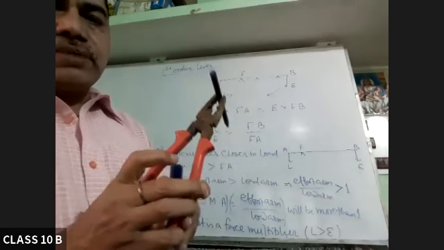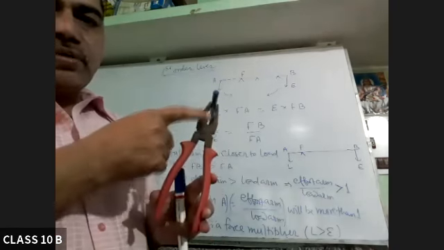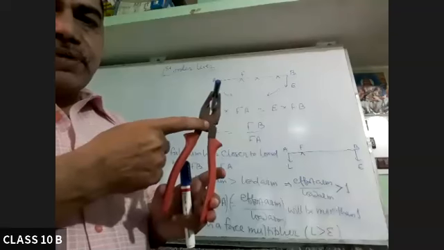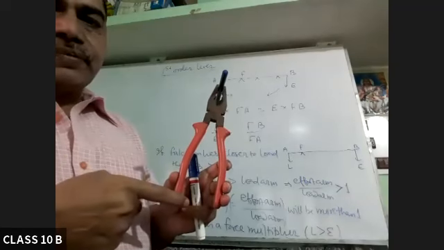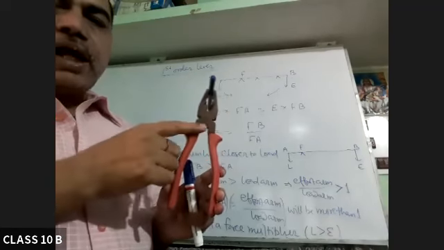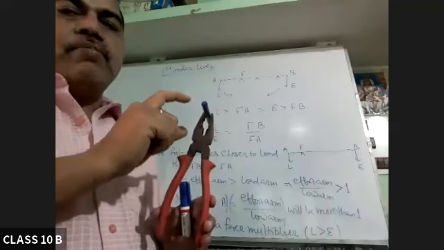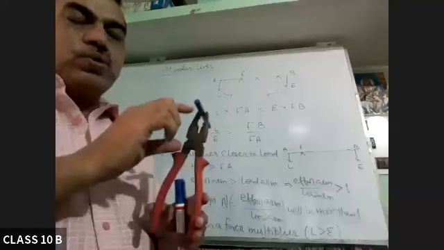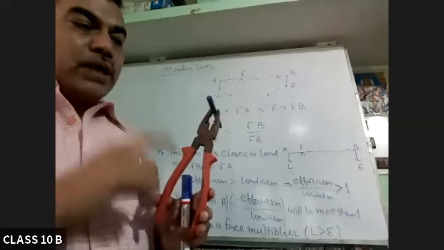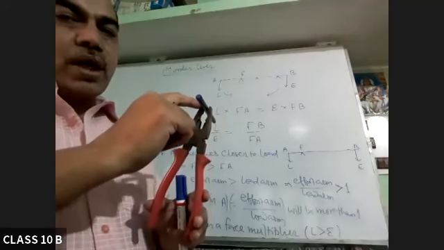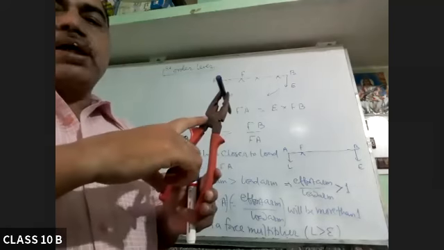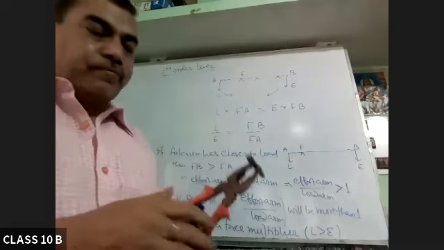Load arm is very small, from here to here, whereas effort arm is from here to here. So this plier, which is a lever of first order, is used to multiply force. For that purpose only, its load arm is kept shorter and effort arm is kept longer.